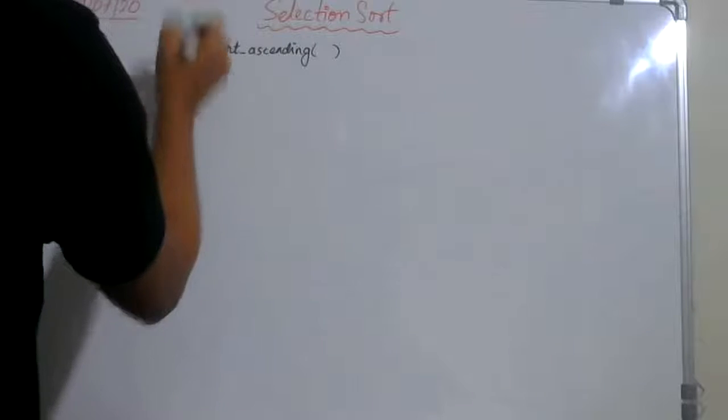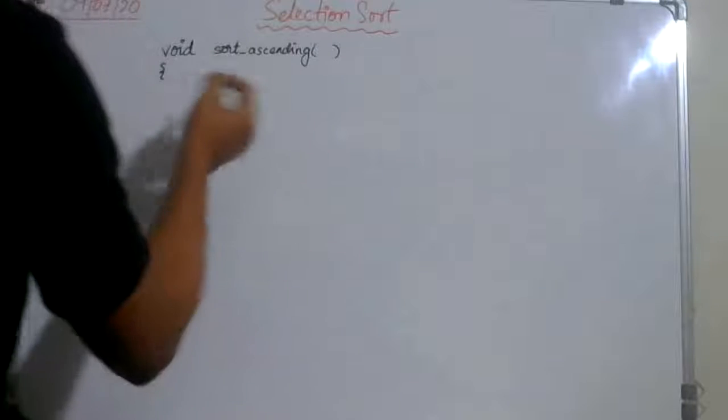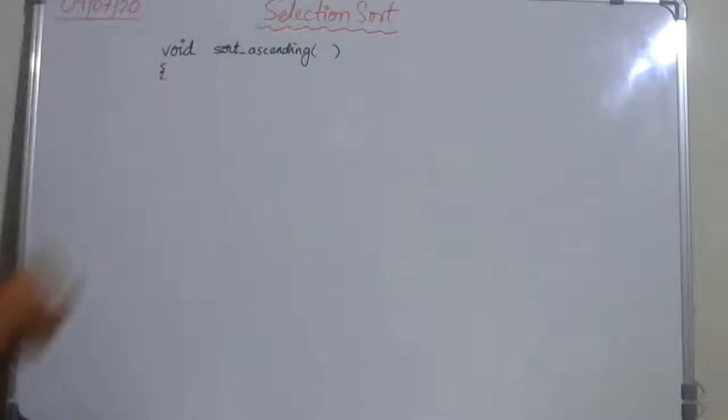Since we are sorting using this function to sort it in ascending order, so void sort ascending. Inside, we are going to do something. At the beginning of the class we had taken a look at how selection sort works. So we're going to employ that particular logic itself in this function. As I told you, there were a number of iterations where we were selecting a position and then comparing.